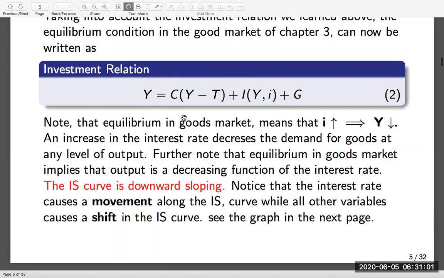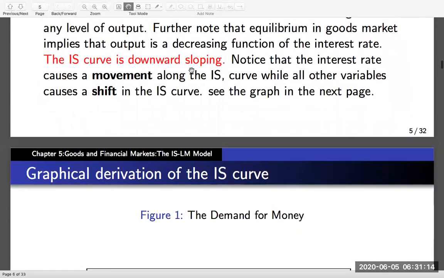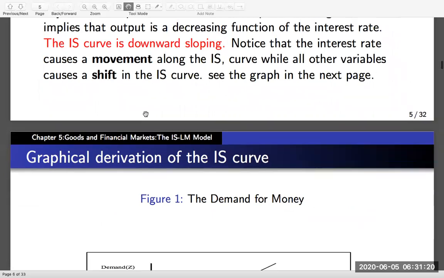I.e. if you change your consumption, your taxes, or your government spending, your IS curve is likely to shift either to the left or to the right, depending on the direction. Right, so the IS curve is downward sloping. Notice that the interest rate causes movement along the IS curve, while all other variables cause a shift.